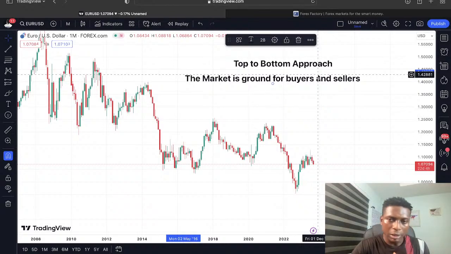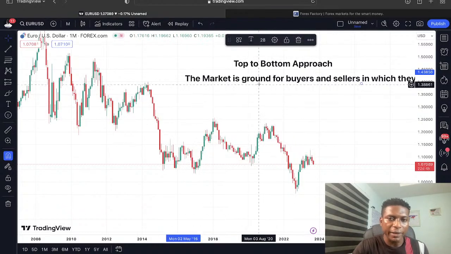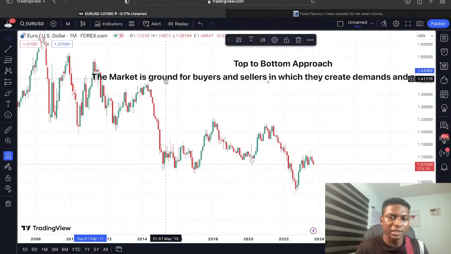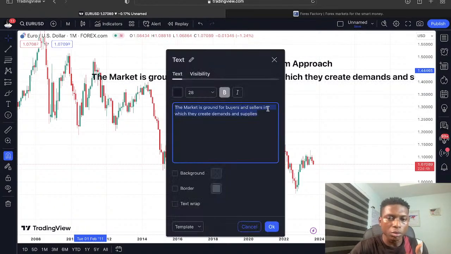And they create demand and supply. It's in the interaction of these buyers and sellers that we have demand and supply playing actively in the market.